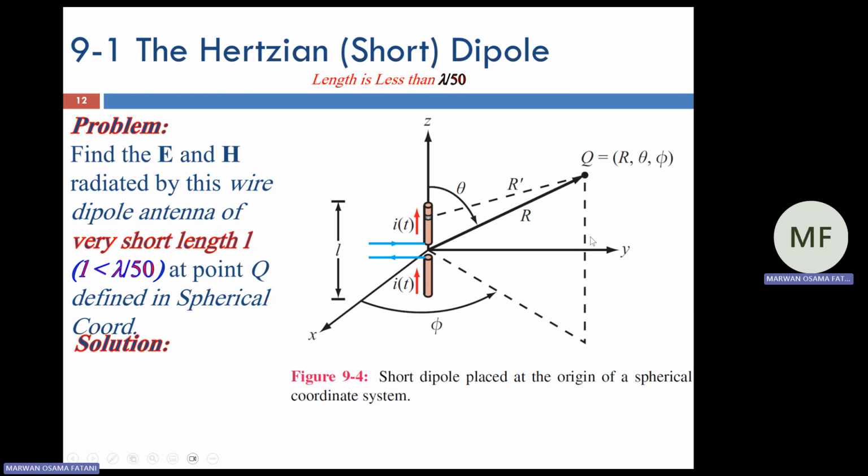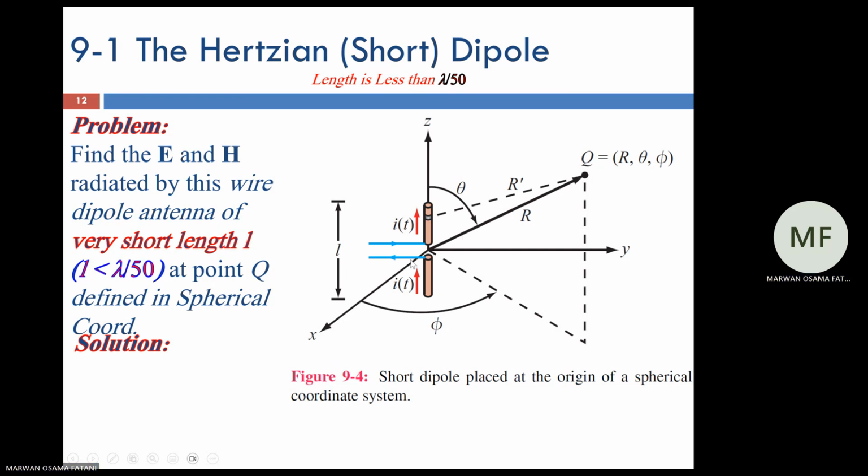So let's redefine the parameters that we have in this graph. We have the XYZ axes, we have our current going upwards, and then we have the length of the antenna, and then we have theta and phi. Phi is the angle between the X and Y, theta is between the Z and X, and we have the R, which is the radius, and R dash.